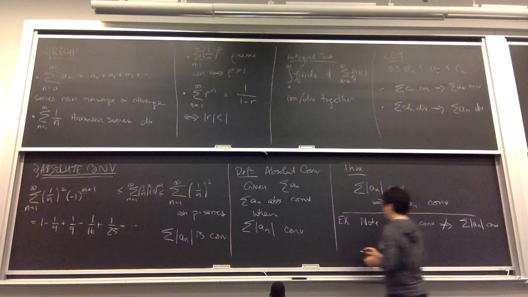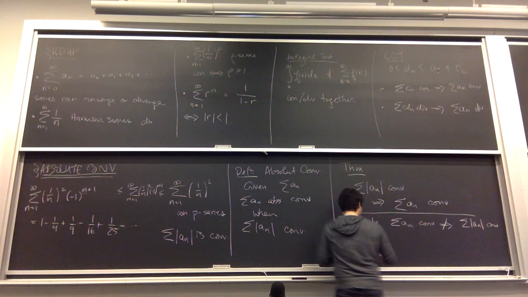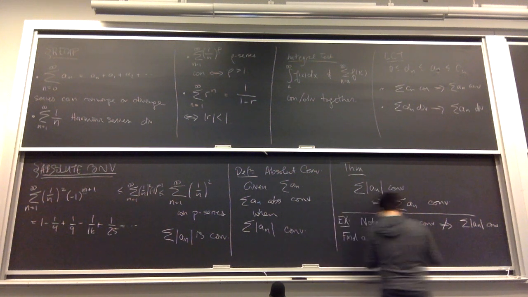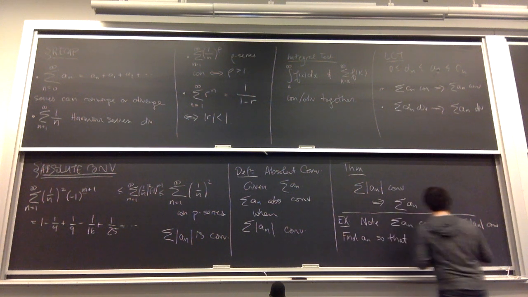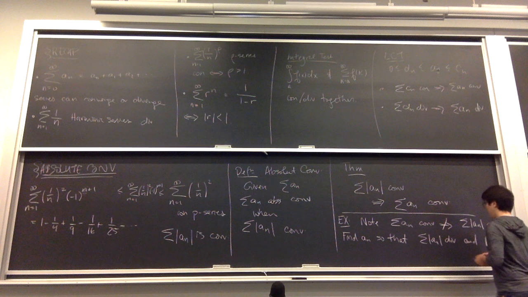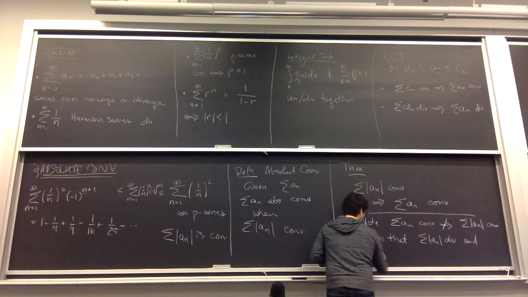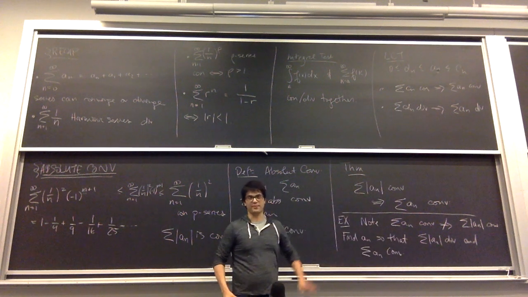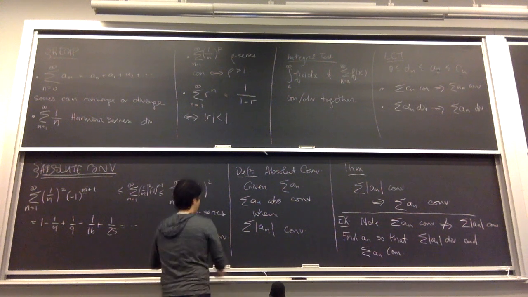So I want you to find a series, or find a sequence, so that this diverges and this converges. I don't think you can answer this yet, but think about it. Okay? You may need alternating series in order to get that.